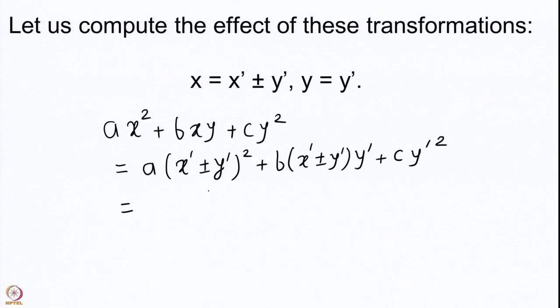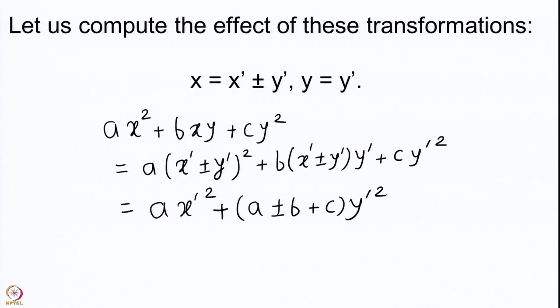So, once again, if you count the terms which are coming from x prime square, you will get only this thing, because there is no x prime square coming from the remaining terms, plus y prime square. So, that will be a plus or minus b plus c. So, these are easily obtained.